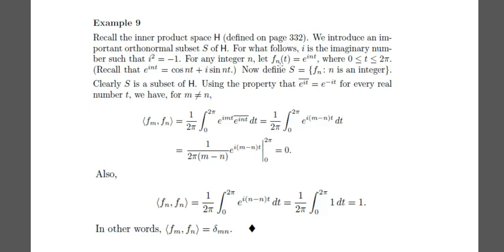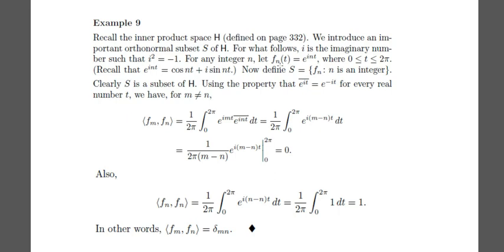Using the property that the conjugate of e to the power i t is equal to e to the power minus i t, because e to the power i t is equal to cos t plus i sin t, and its conjugate will be cos t minus i sin t. Now whenever m is not equal to n, inner product of f_m, f_n is equal to 1 upon 2 pi integral 0 to 2 pi e to the power i m t into e to the power i n t bar dt.